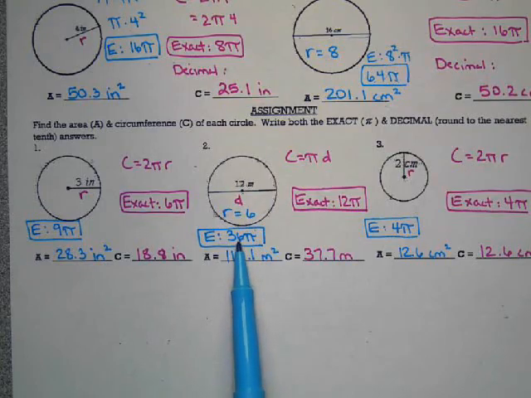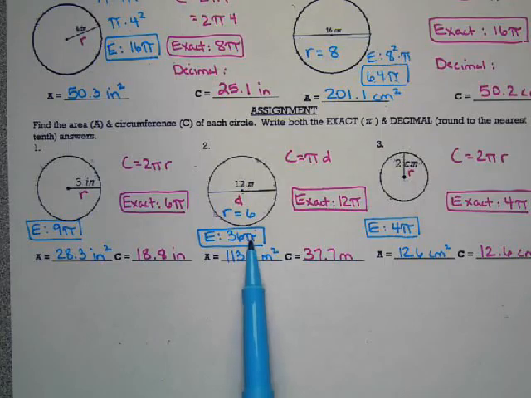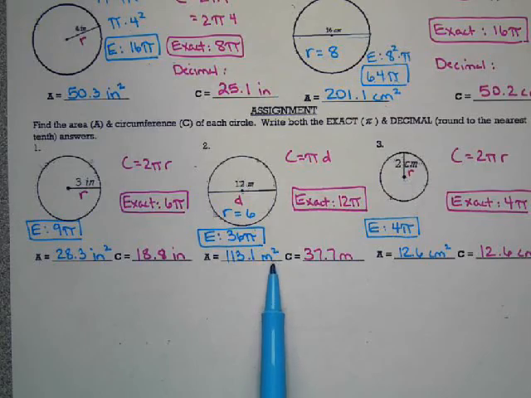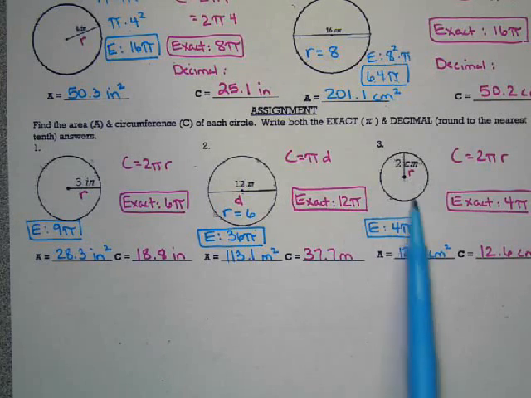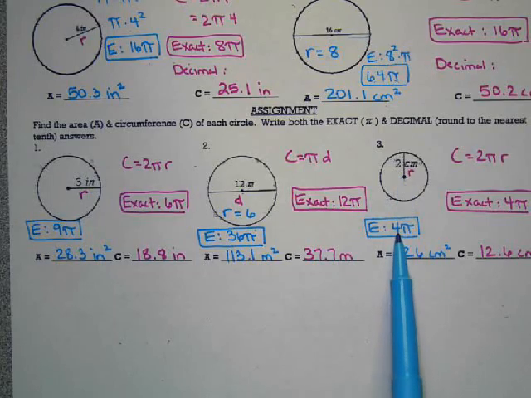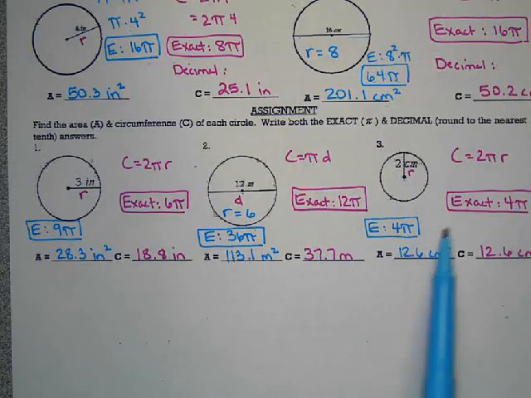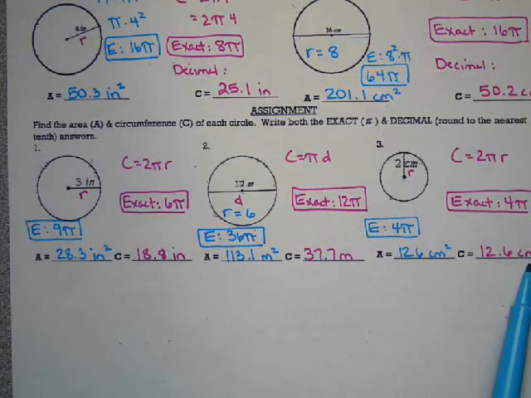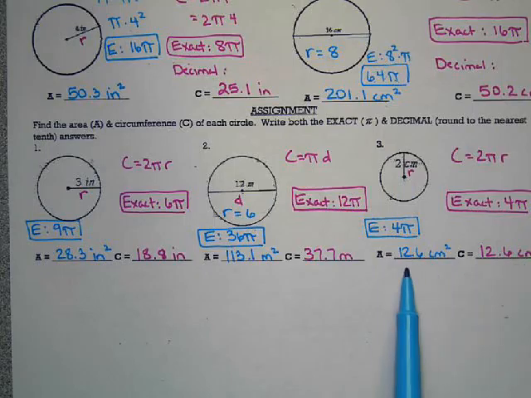When you multiply this, 113.1 meters squared. And then for number 3, it's kind of unusual because 2 times 2 is 4. So we actually get the same numerical answer, except this is in centimeters squared and not just centimeters. So 12.6. Okay, so those are your area and circumference.